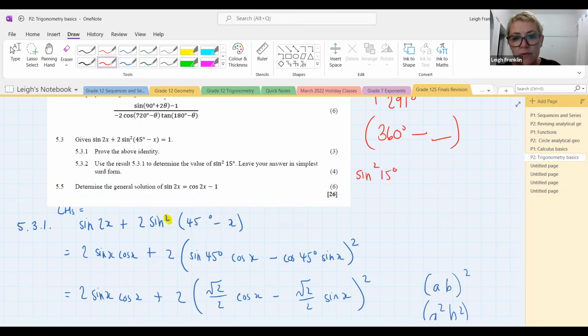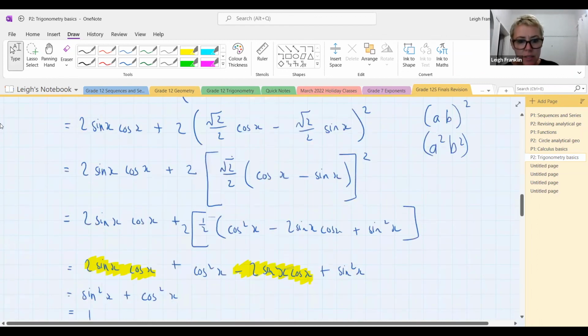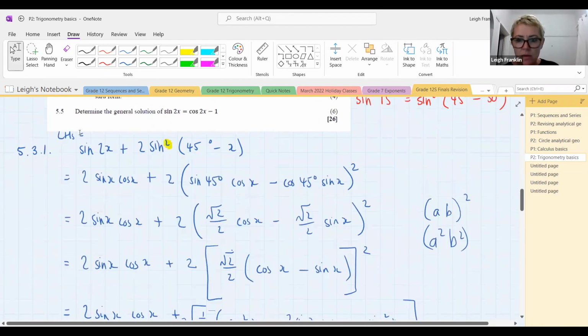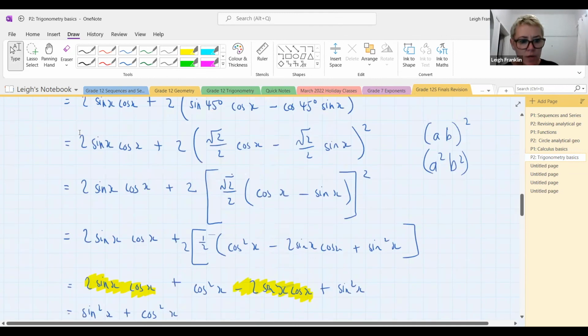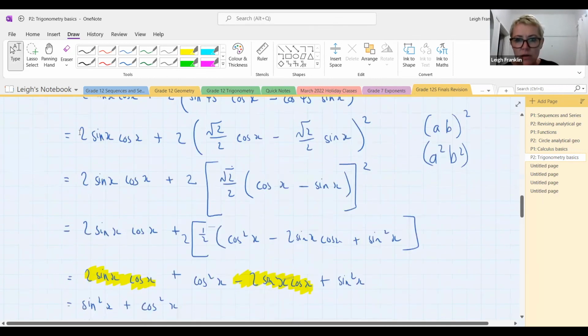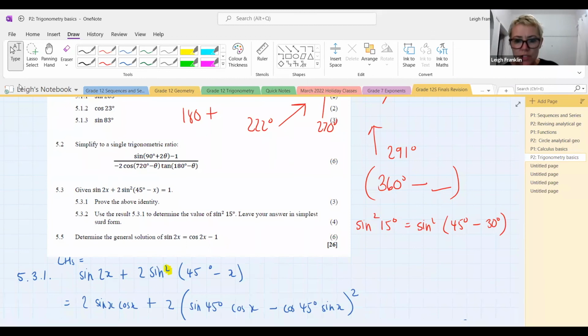Sine squared 15 is sine squared of 45 minus 30, because those are special angles. So we can let x be 45 minus 30.